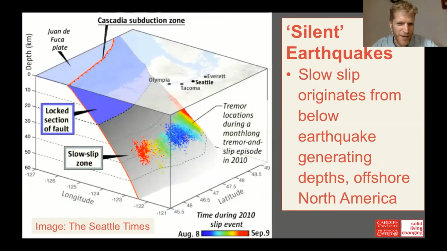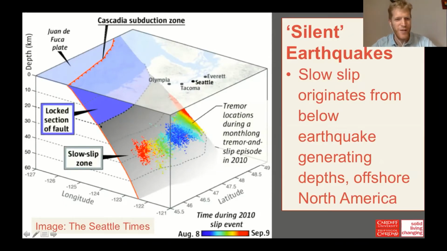If we map that in space, so basically using these seismic signals to locate the GPS signal, assuming they're coming from the same place, we're now looking at offshore Canada. And you see in map view, the plate boundary intersecting with the sea floor along this red line. There's then an area that is presumed to be locked.